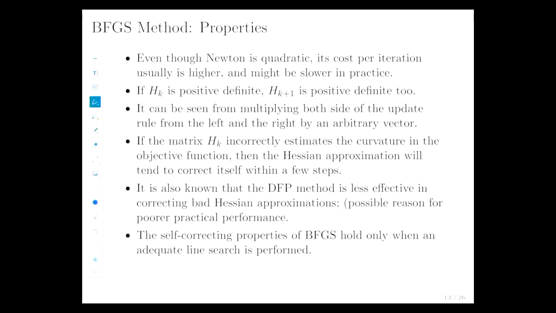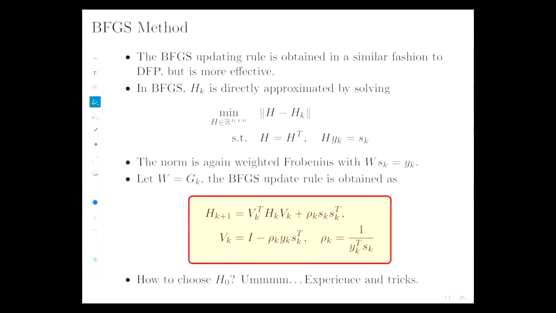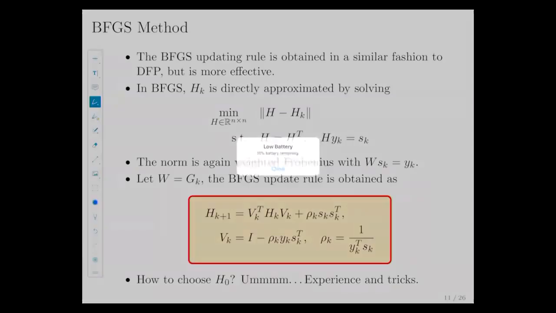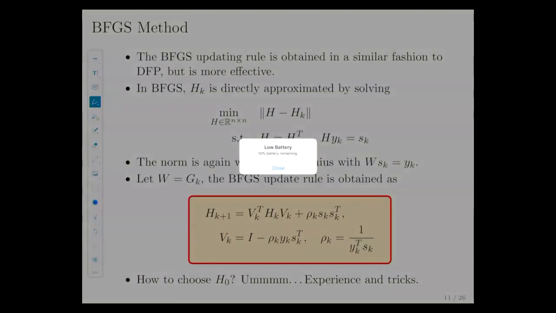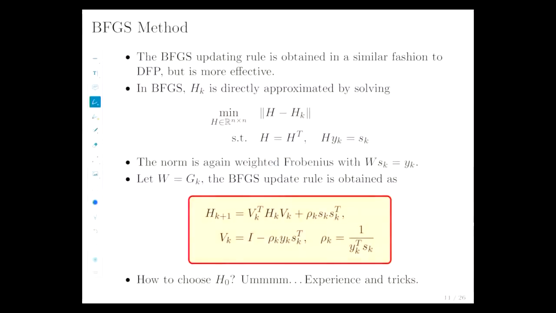Now, if H is positive definite, H k plus 1 is positive definite too. It is easy to see because if I go back to the updates, you can try to.